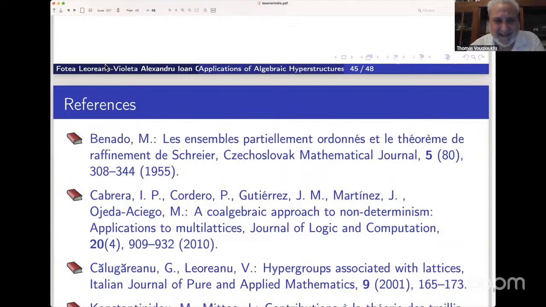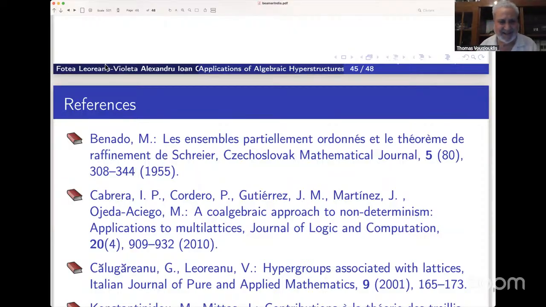And it was a very good example to produce a lot of hyperoperations in the classical way, not weak ones. So this P hyperoperation can be transferred in every class of structures to produce hyperstructures. For example, this was done by Serafimidou using P hyperoperations for lattices and so on.